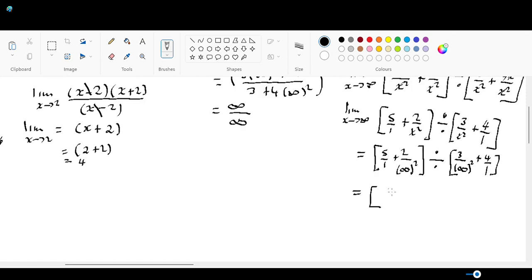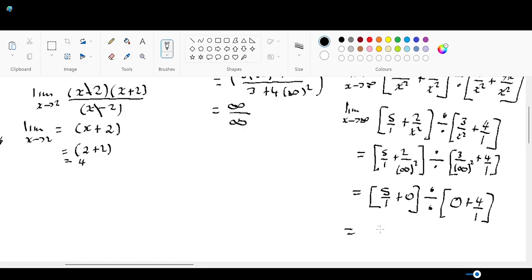So let's start with this one here. We have 5 over 1 plus 0. Remember, you divided by infinity, so it's going to be 0. And then the denominator is going to be 0, not 3, because it's divided by infinity, plus 4 over 1.